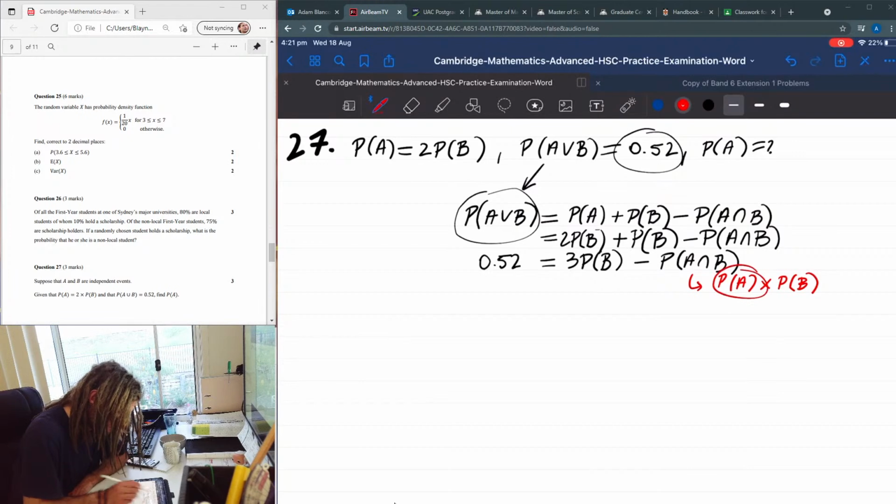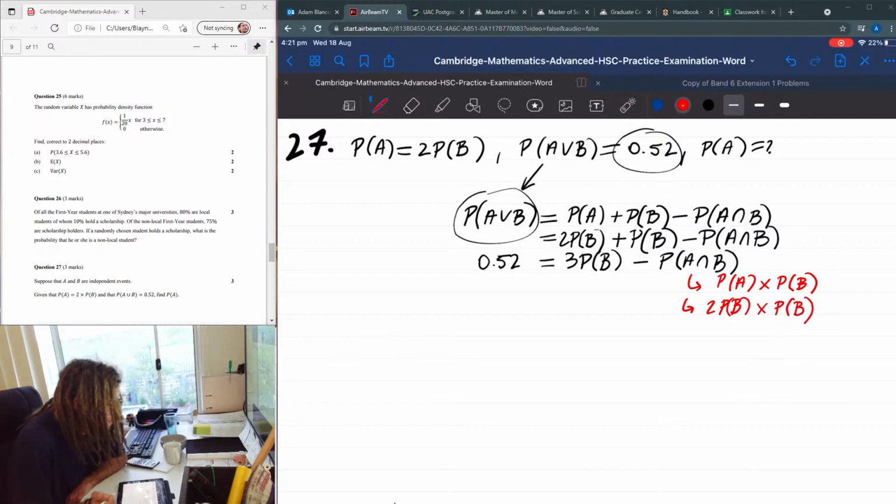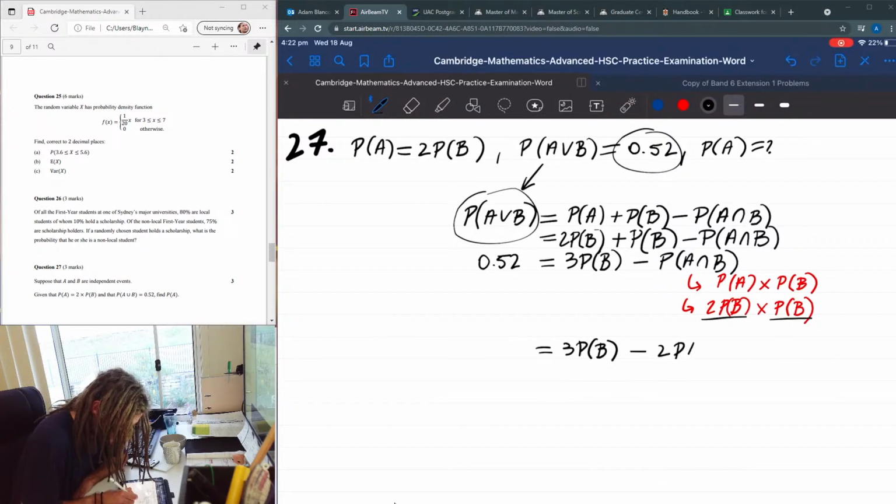I'm also going to make the substitution for this. So it's basically saying 2P(B) times P(B) again. Okay, equals 3P(B) minus, oh, okay, this is 2P(B) times P(B), so 2P(B) squared, equals 0.52.